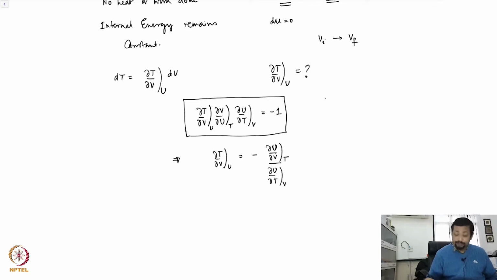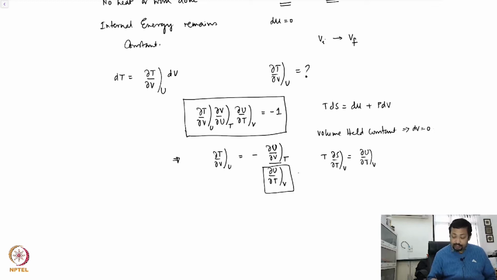Now let us go back to the first law, which we write down as dU plus PdV. You immediately see that if volume is being held constant, this implies dV is equal to 0, and one has T (∂S/∂T) at constant V is (∂U/∂T) at constant V. So you know what this derivative is, it follows from this, and if you recall, this is the definition of Cv.